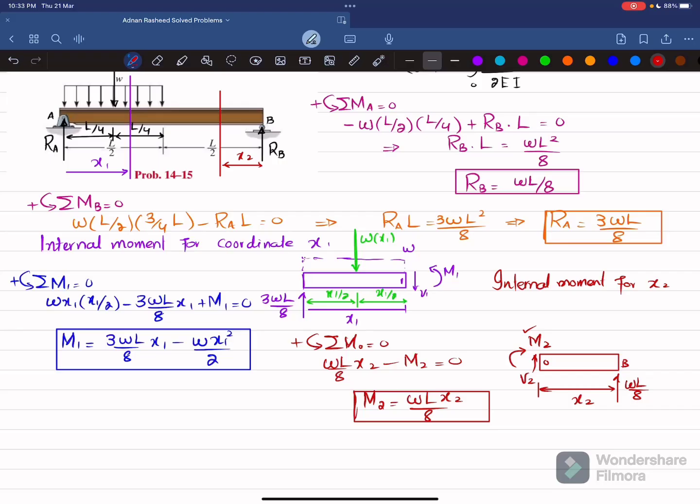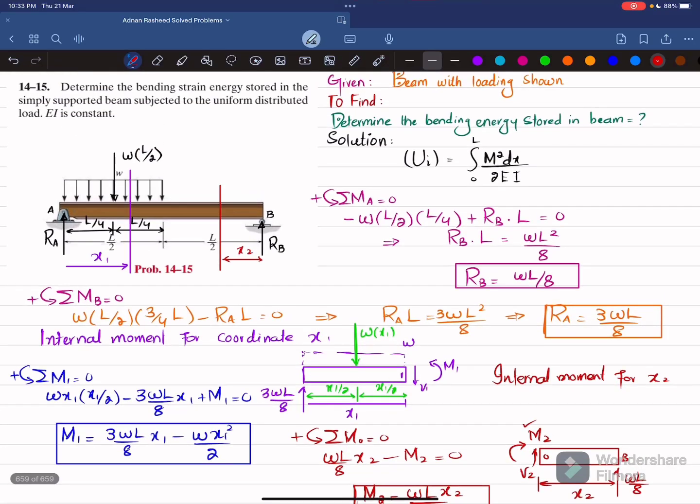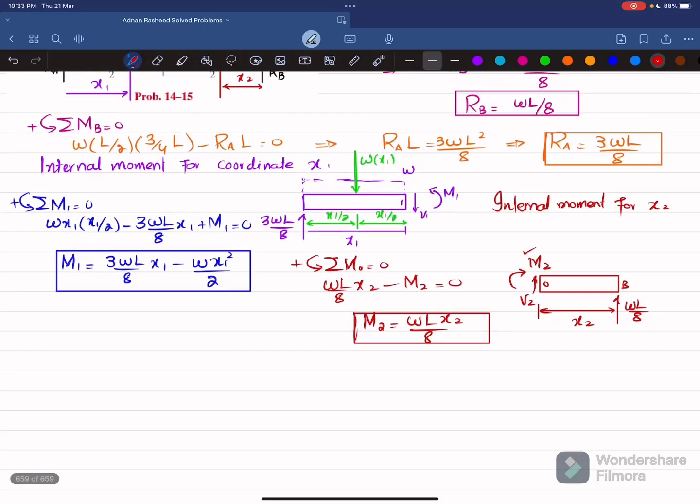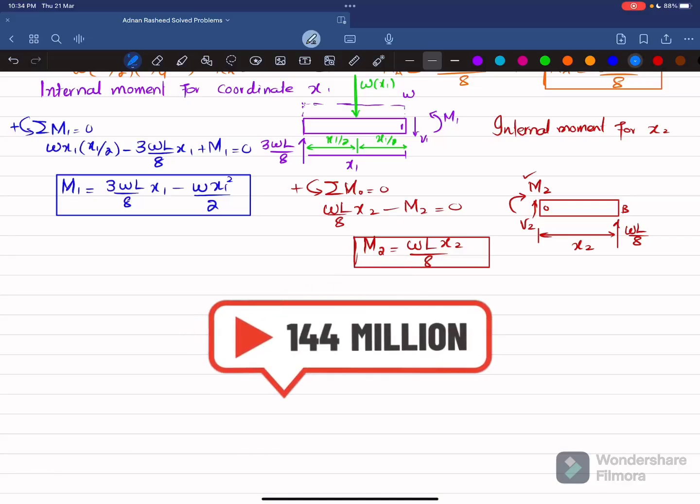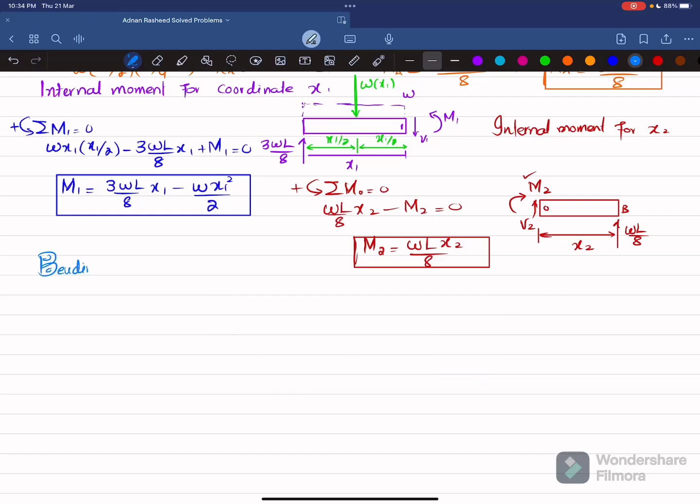Now we have both these moments, so we will use this formula in order to find the bending strain energy stored in this beam. Okay, so we know that bending strain energy, let me write it, bending strain energy Ui is equal to integral of 0 to L M square dx divided by 2EI.